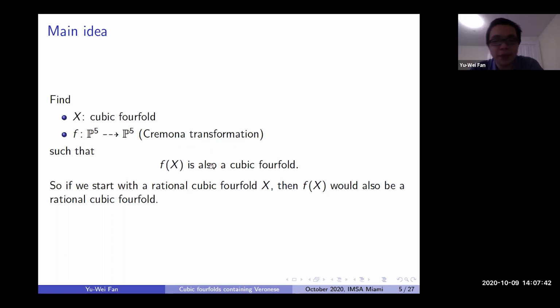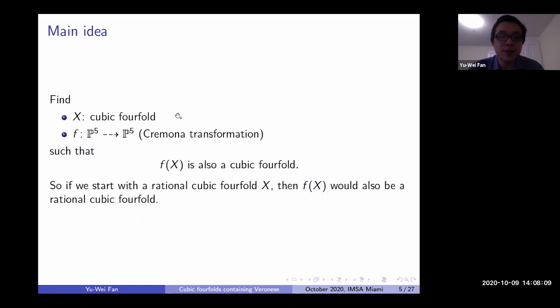Suppose that we can find such a pair, X and F. If we further assume that we start with a rational cubic fourfold, then we can use this map to produce another rational cubic fourfold. So it is like using these Cremona transformations to produce more rational cubic fourfolds.